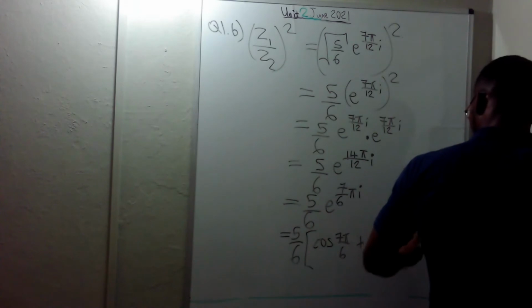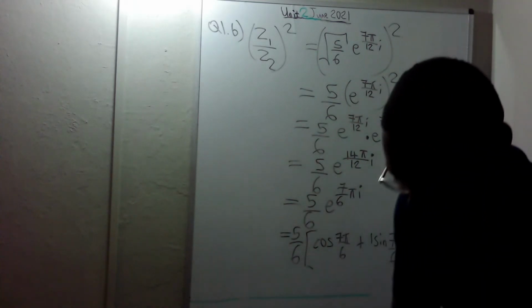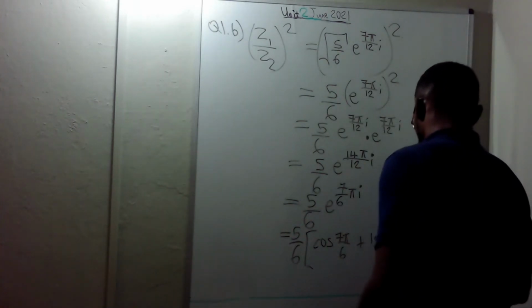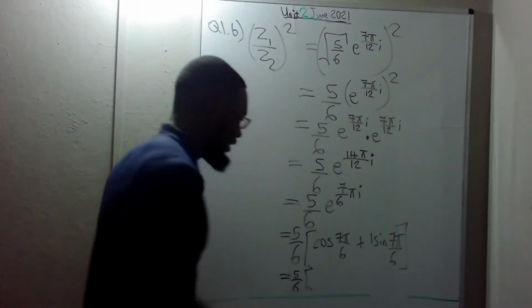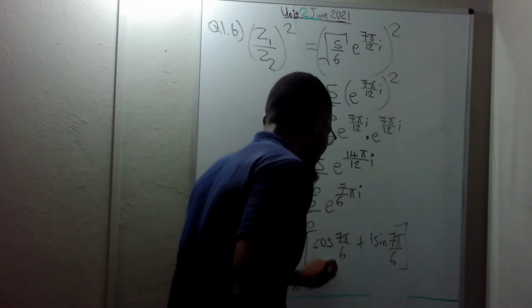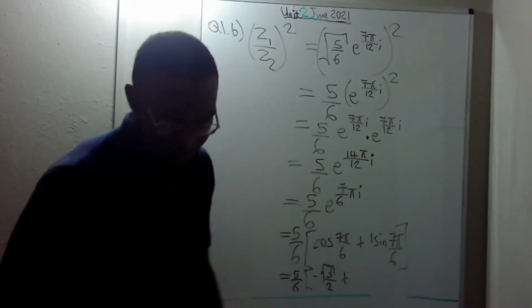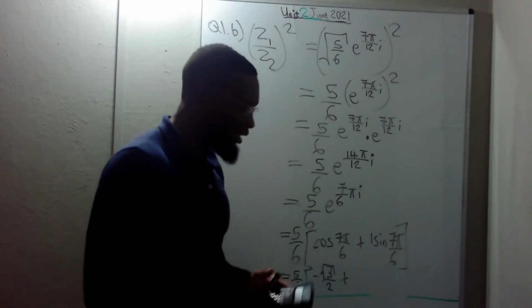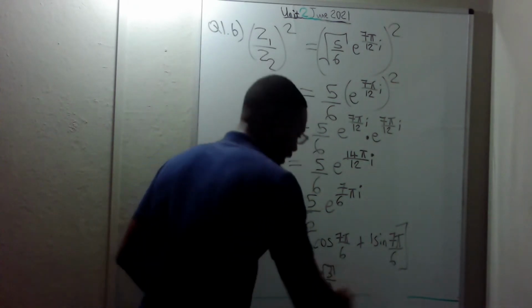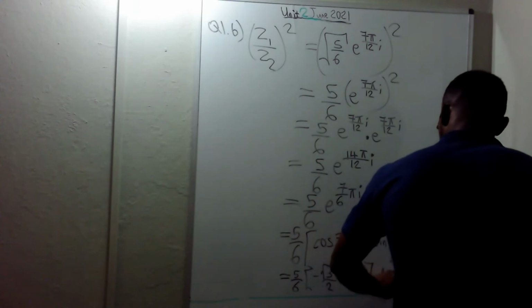So this equals 5 over 6, the cos of 7 pi by 6 is minus root 3 over 2, plus i sine 7 pi by 6, so the sine of 210 is minus a half, so I can change this plus to minus a half i, and that's your answer.